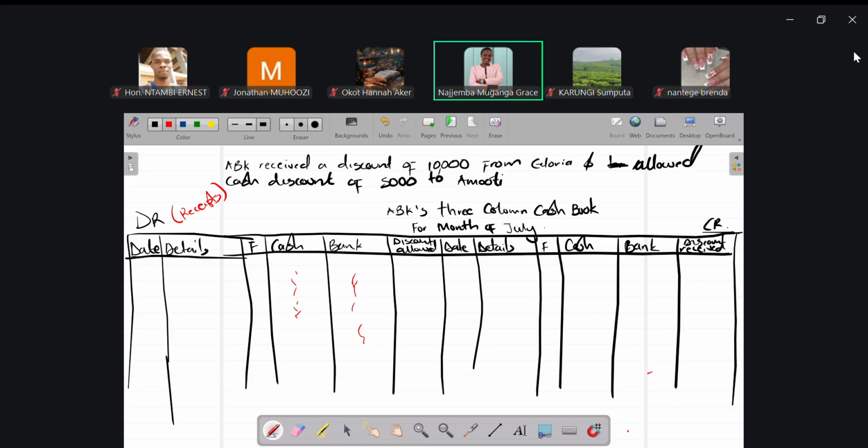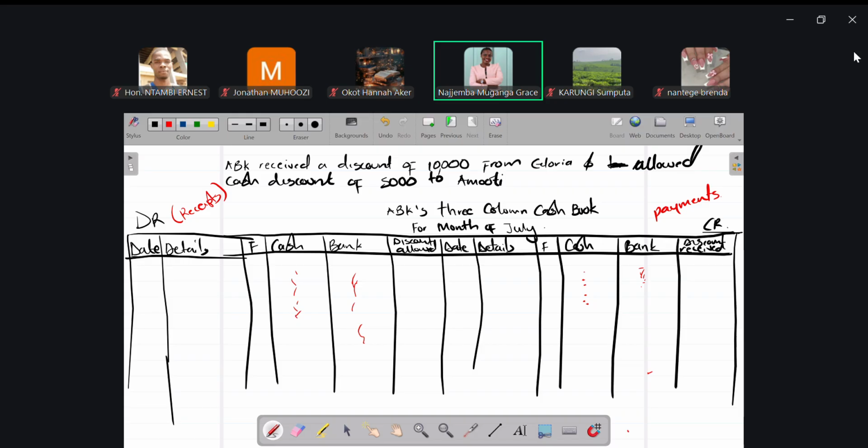Very easy. Then on the credit side, we post payments. Are we making payments using physical cash? Post under the cash column. Are we making payments using the bank, using checks? Then we post under our bank column.